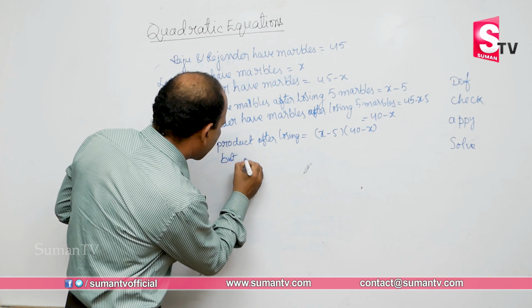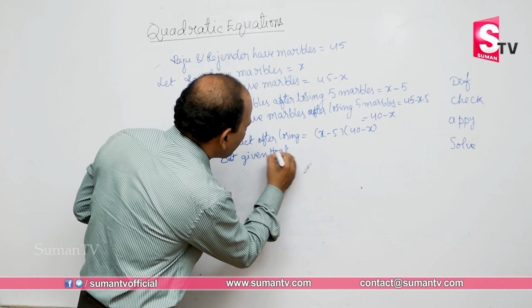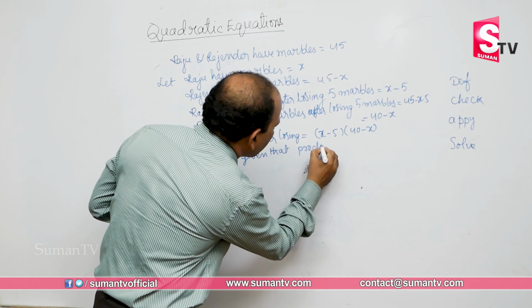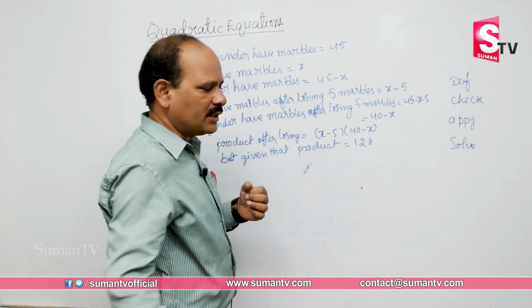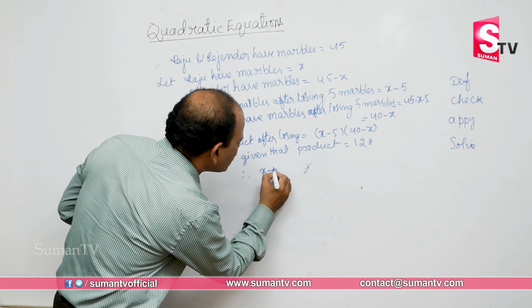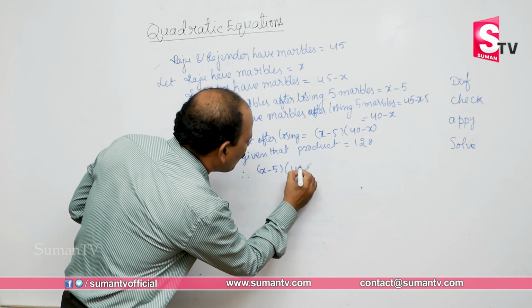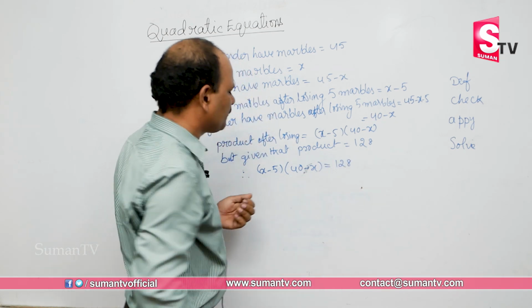Therefore, the product (X minus 5)(40 minus X) is equal to 128.